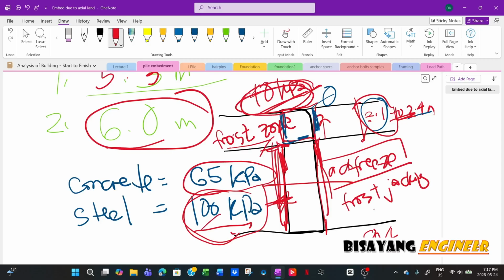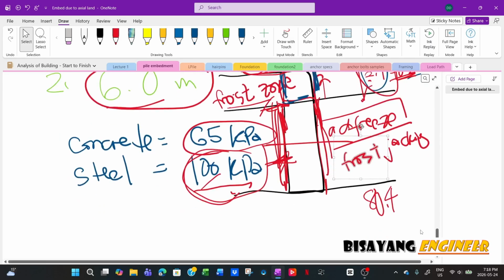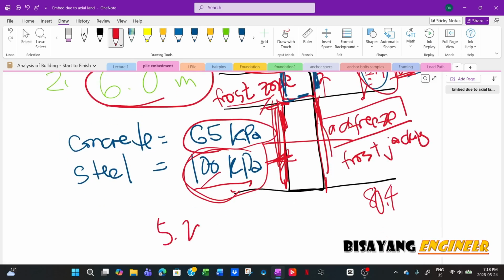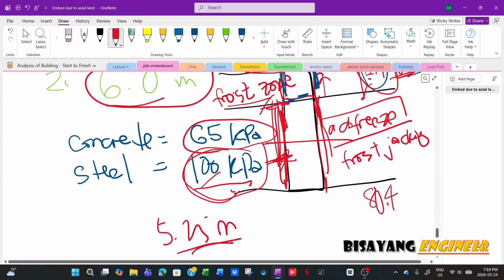So basically 100 times 2.1, that's 210, divided by 40. So that's 5.25 meters.